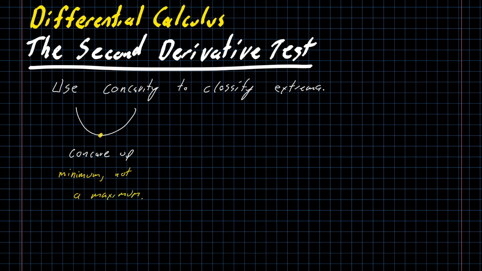And in the reverse, if we have a curve that is concave down, then any extrema that occurs there has to be a maximum and not a minimum.